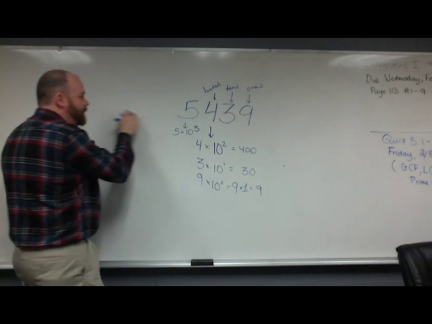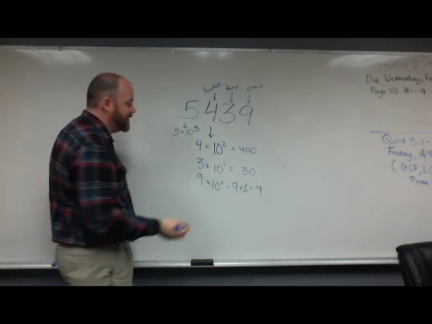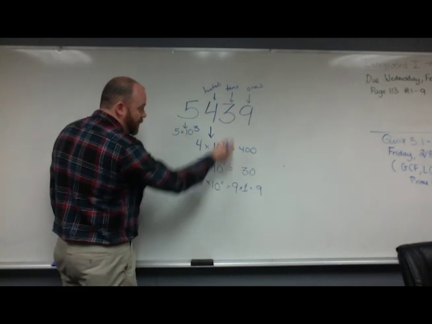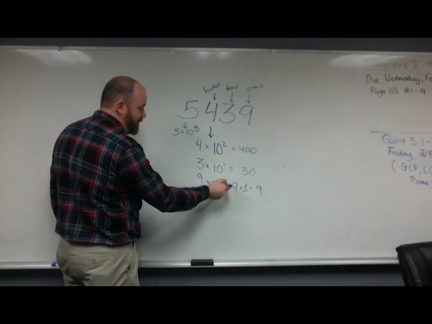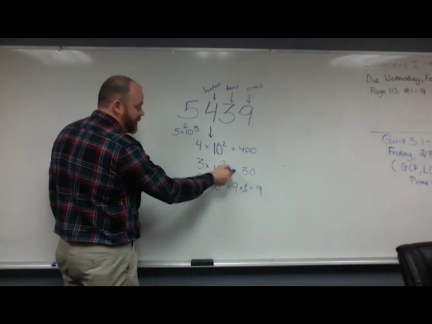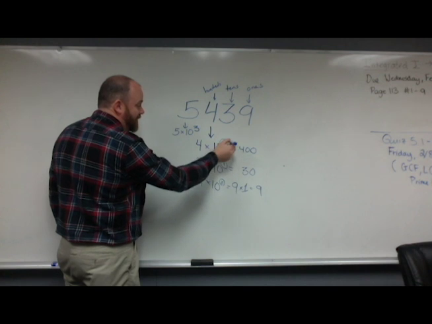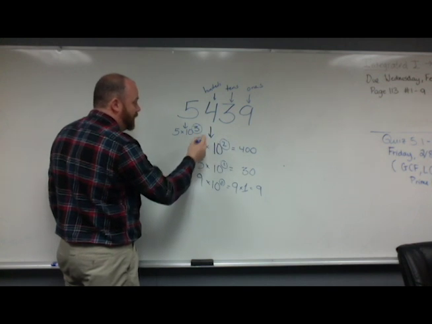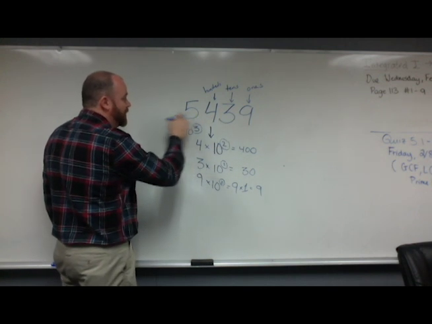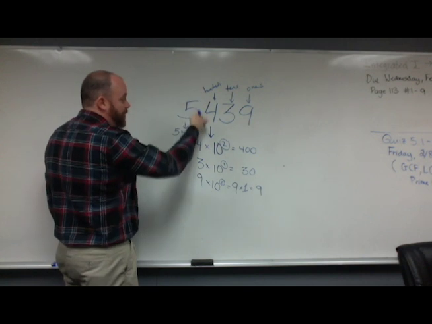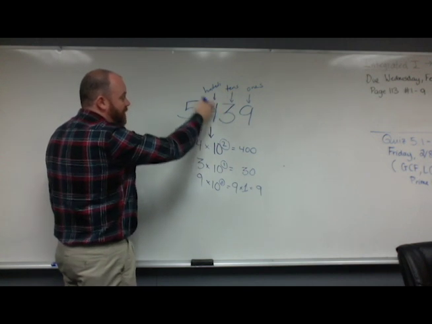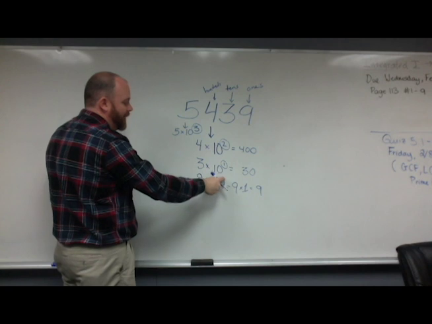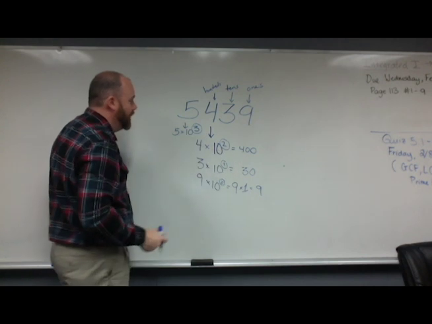And we could keep on going, and so then you might start to see a pattern in that the ones place is 10 to the 0th, then it's 10 to the 1st, then it's 10 to the 2nd, then it's 10 to the 3rd. So when we talk about putting numbers in these places, the ones place, tens place, hundreds place, we're talking about this number going up.